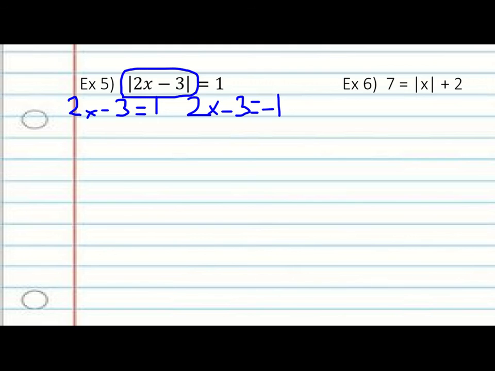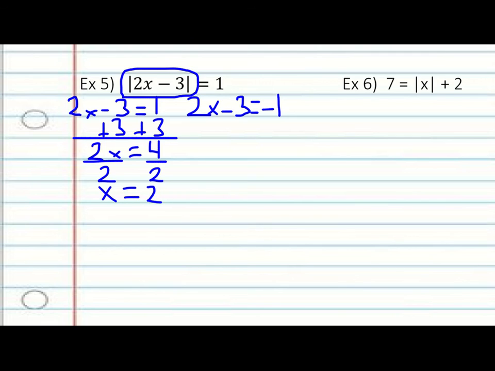For the left equation, I'm going to add 3 to both sides. That's going to give me 2x equal to 4. Then I'm going to divide by 2, so x equals 2.